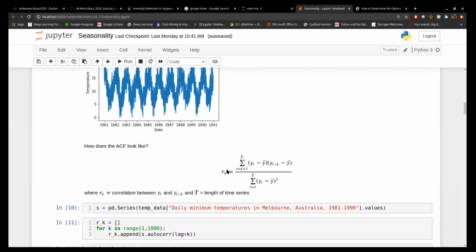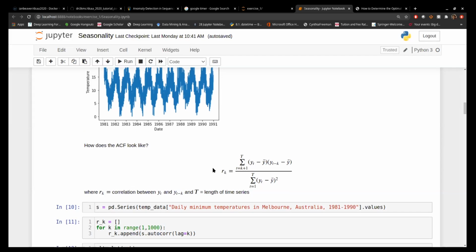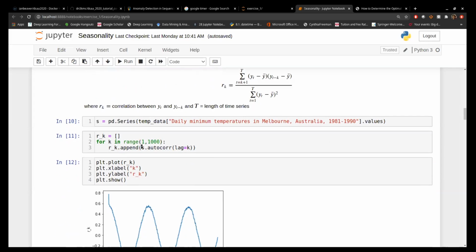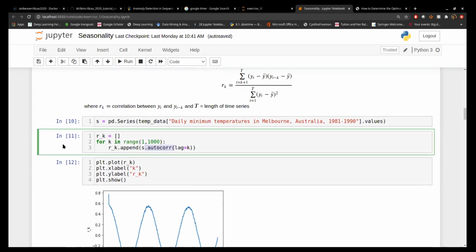There are better ways to do this, but first I want to show you that I can individually calculate every r_k using Series objects from pandas. So I instantiate a pandas Series from the values in the time series, and then use the autocorr method to compute the lag k autocorrelation.